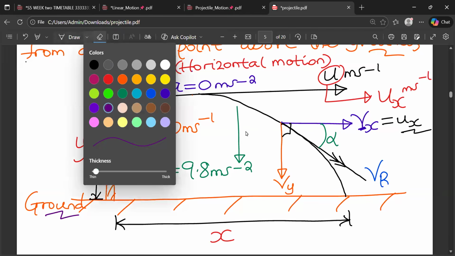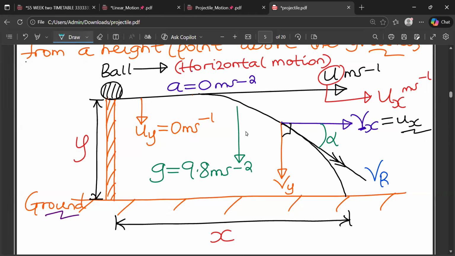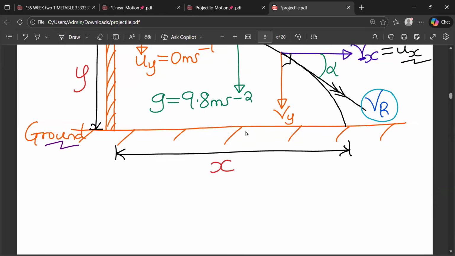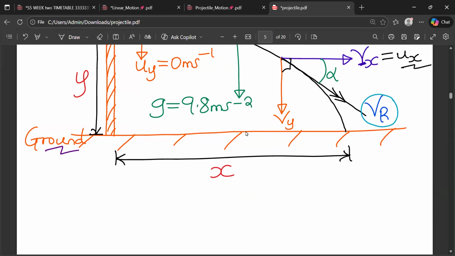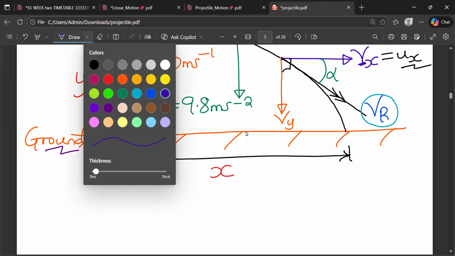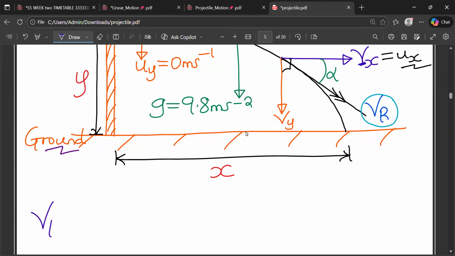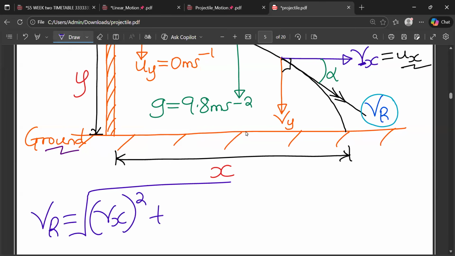The other thing is, are you good students enough that you can get the expression of resultant velocity, and can you get that of the direction alpha? Those are things I taught in forces. But before I assume that people know these things, does everyone know that resultant velocity shall be the root of Vx squared plus Vy squared? Do people know this as equation 1?